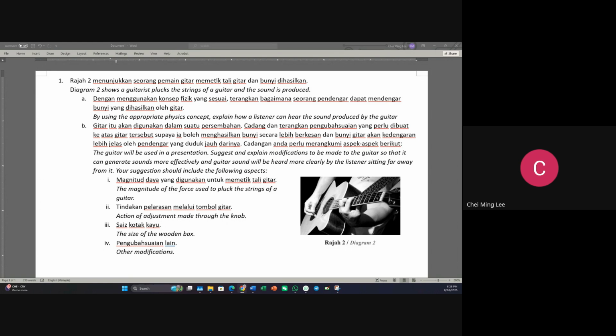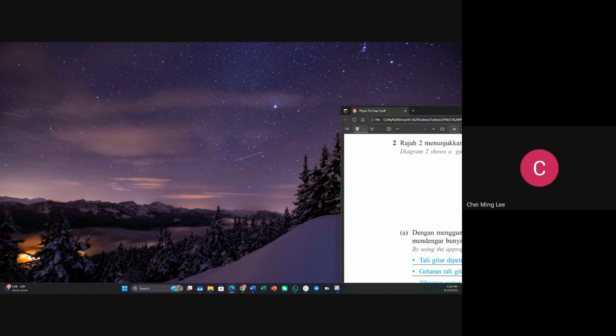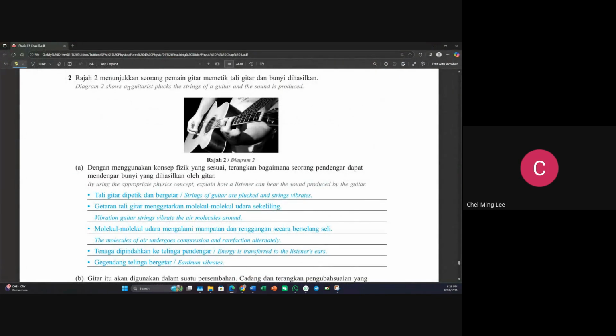No, no. Okay, so let's see the answer. Diagram 2 shows a guitarist plucking the string of a guitar and sound is produced. By using the appropriate physics concept, he wants you to explain how the listener can hear the sound produced by the guitar.